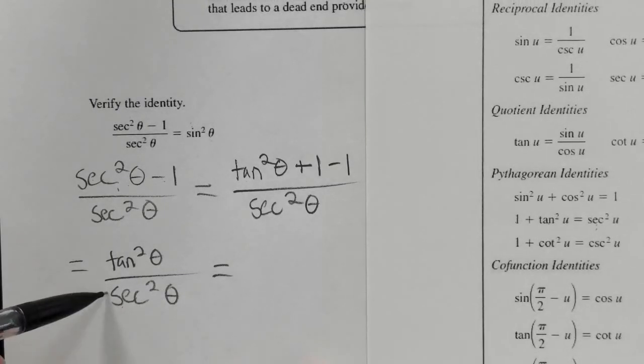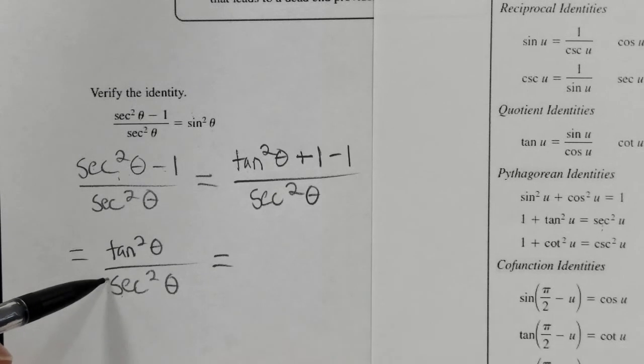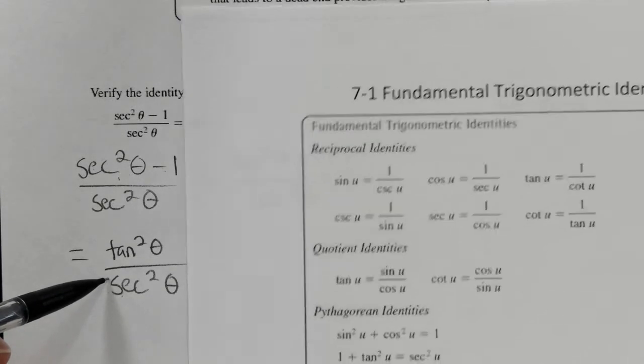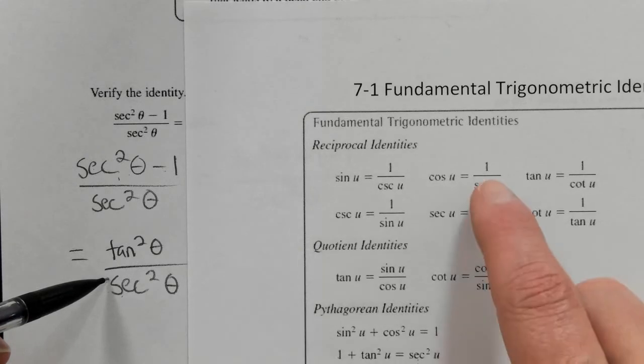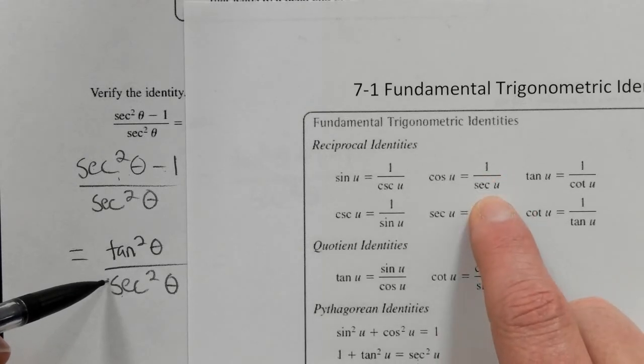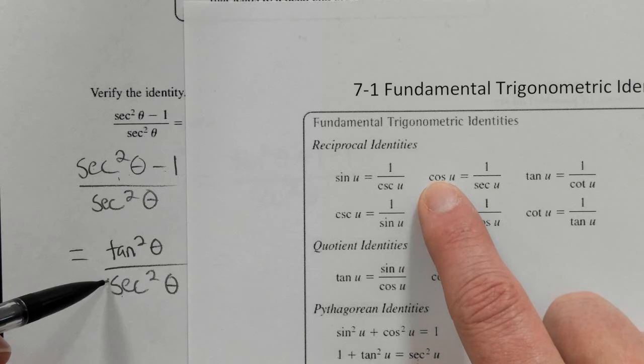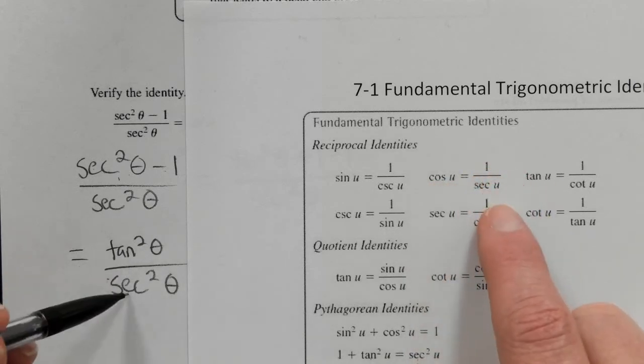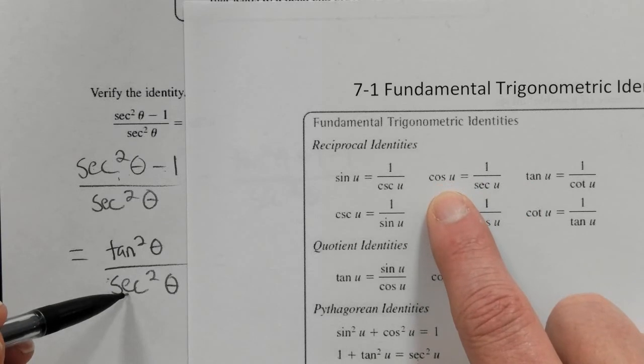One thing that I can do next is take secant squared, right? Because remember, 1 over secant is equal to cosine, so 1 over secant squared is equal to cosine squared.